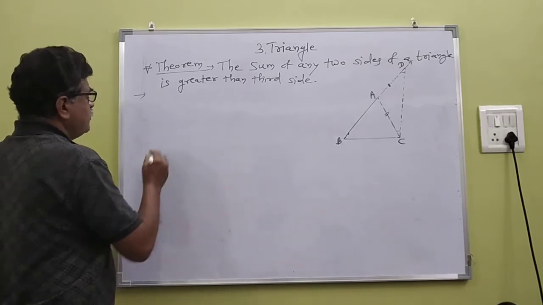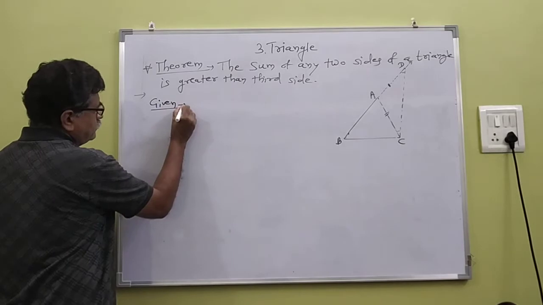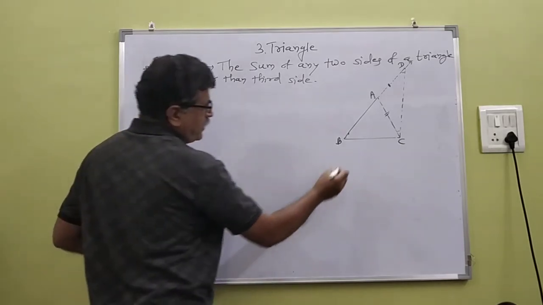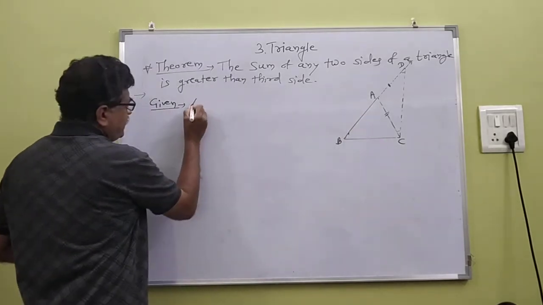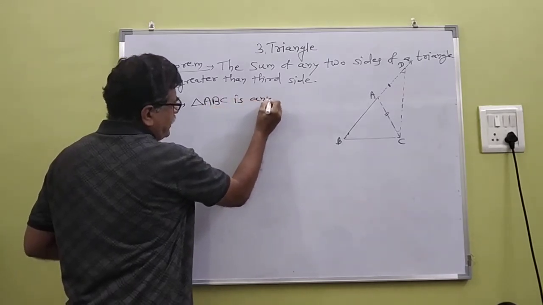Now first, given: triangle ABC is any triangle.